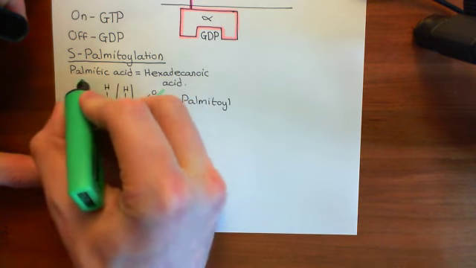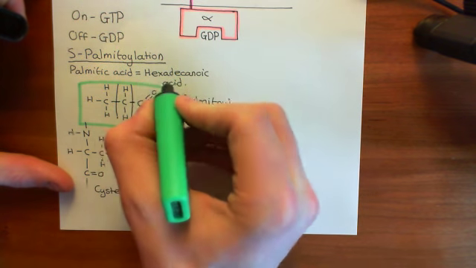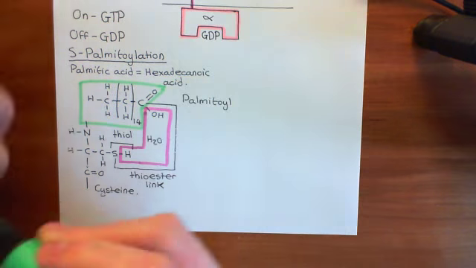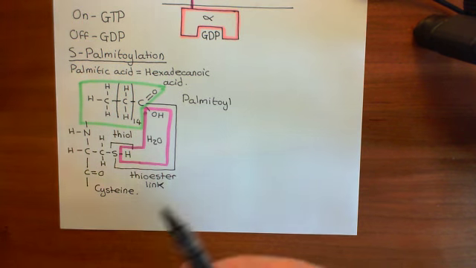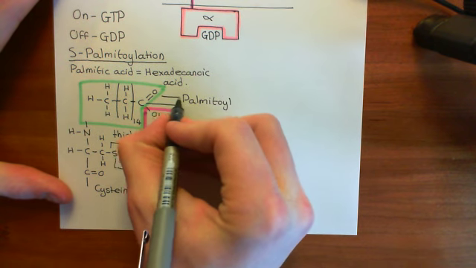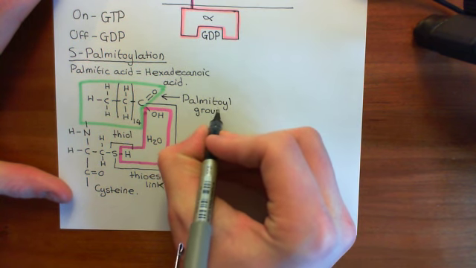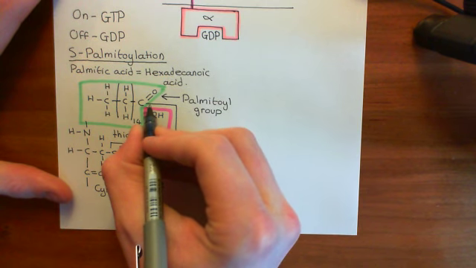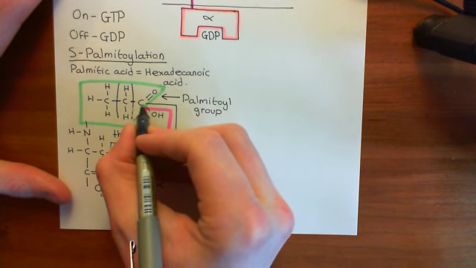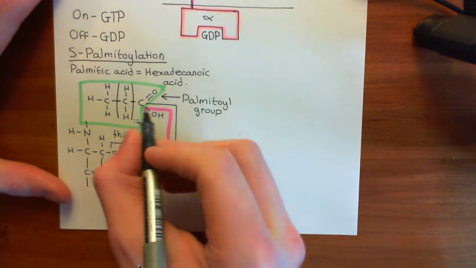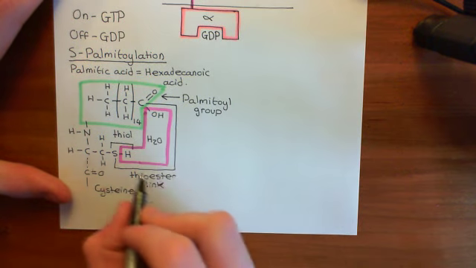We add on all of the palmitic acid except the alcohol group that comes off the carboxylic acid group. This is known as the palmitoyl group. It's not a molecule because this carbon needs something else attached to it here, so it's a group rather than an entire molecule.